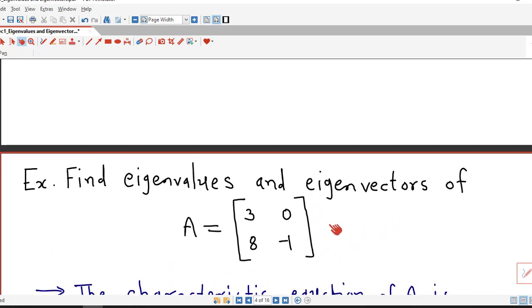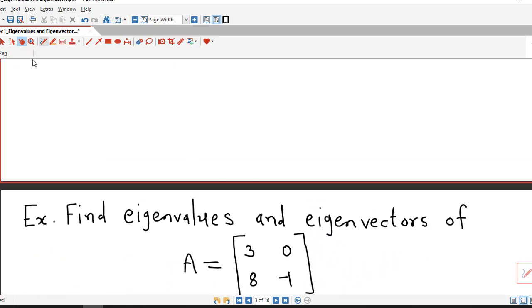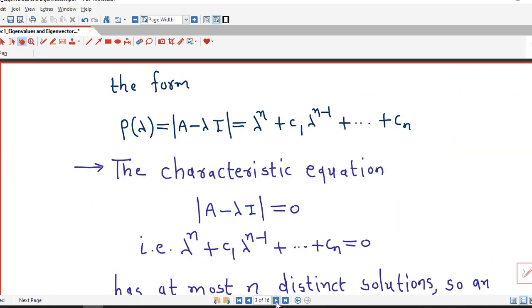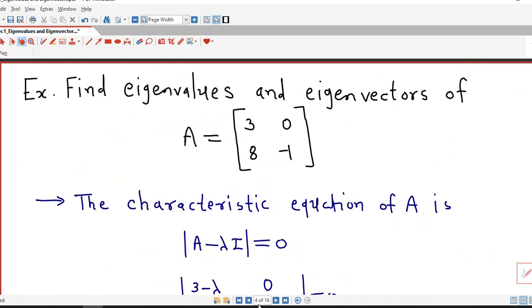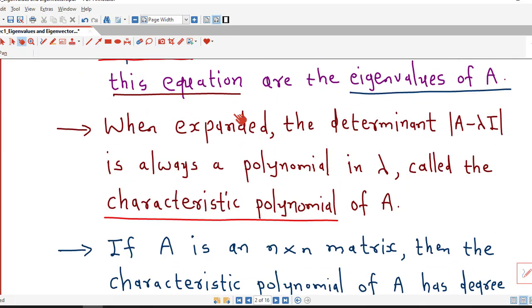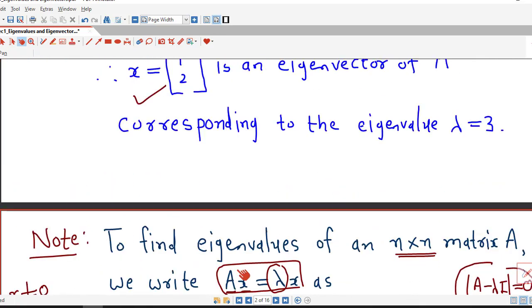So we consider here the 2 by 2 matrix which we just discussed. We had taken this example before to explain eigenvalues, and we will find them here.